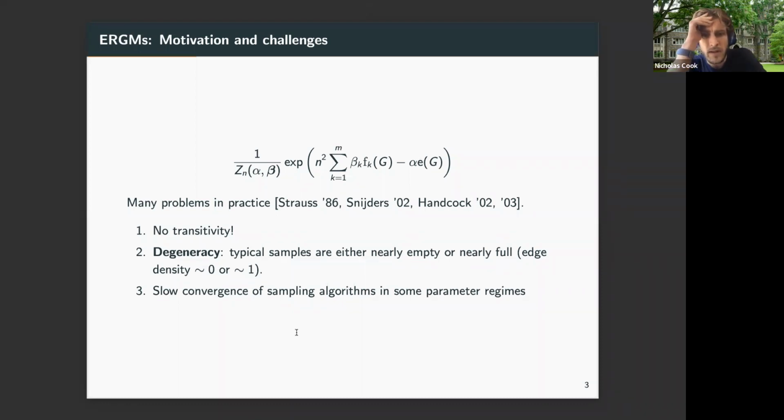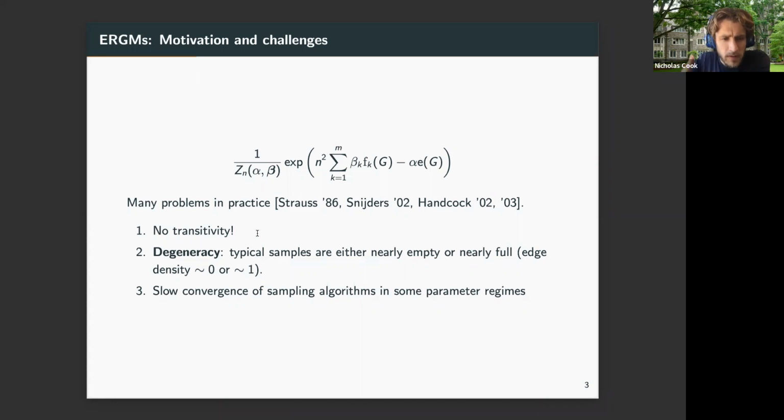So this was the hope, and they started using this framework, but from early on there were some problems that were noticed. This was coming from people in the social sciences community, to their credit, who were noticing some of these problems, and I'll just highlight three of the main problems that were pointed out.